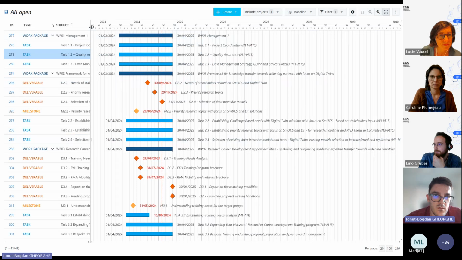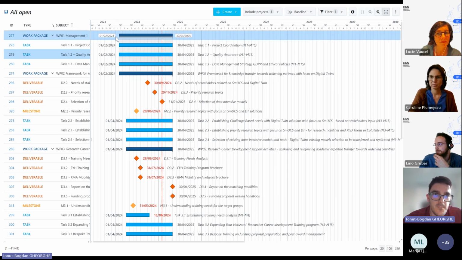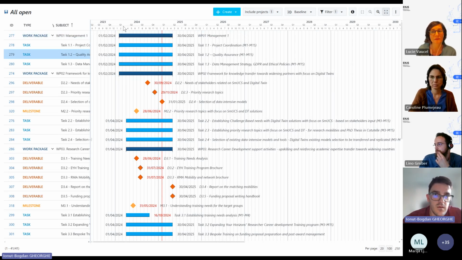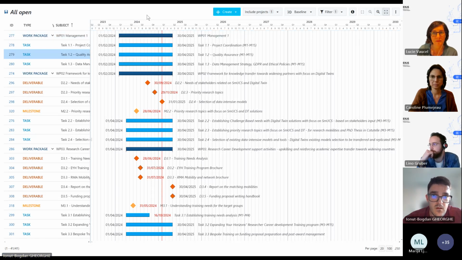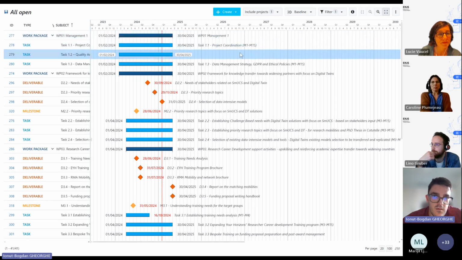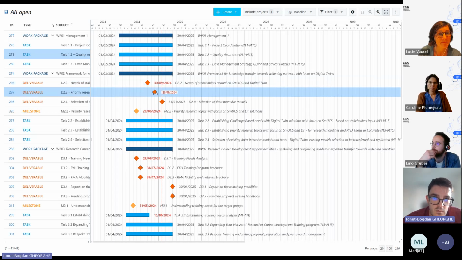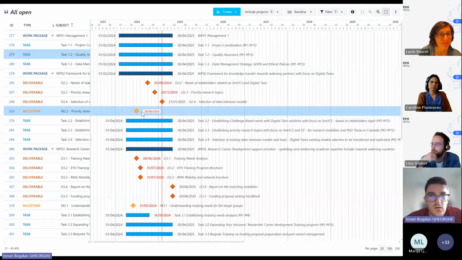Here you have the months. For this tool, we use the OpenProject platform. You can see the years. Each year is divided in 4 quarters. The more intense blue represents the work package, then the tasks. And here with orange rhombs, we have the deliverables, and with yellow rhombs, the milestones. All of this is in the timeline representation.